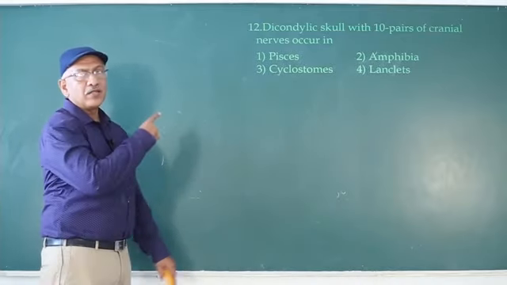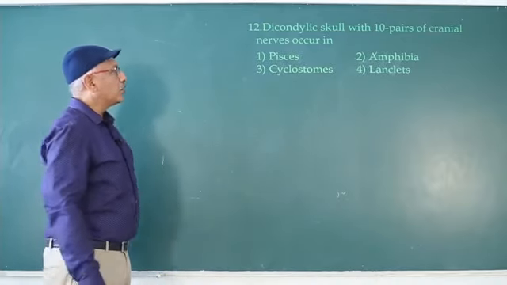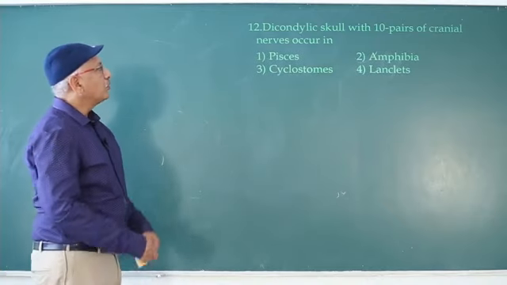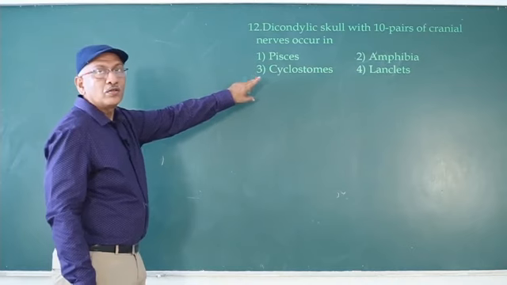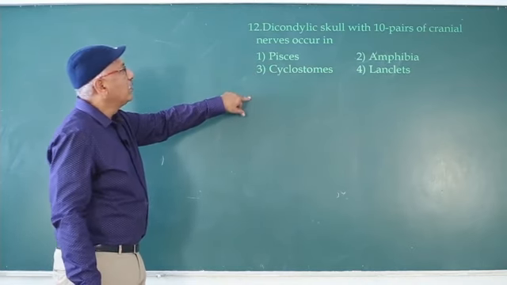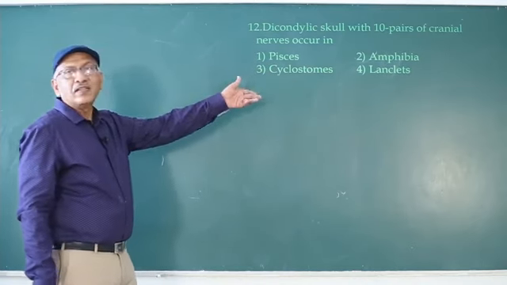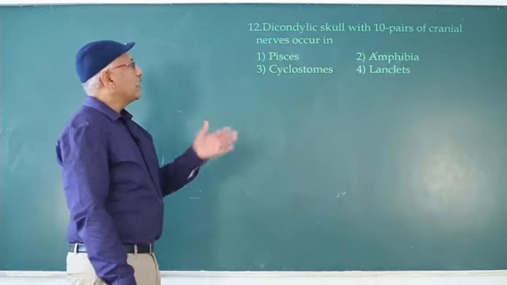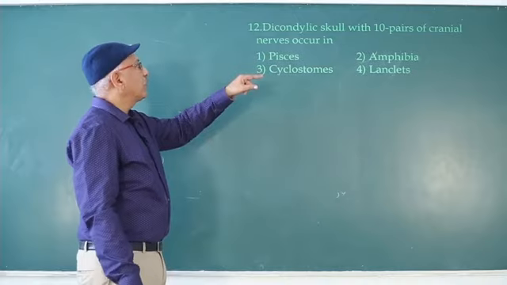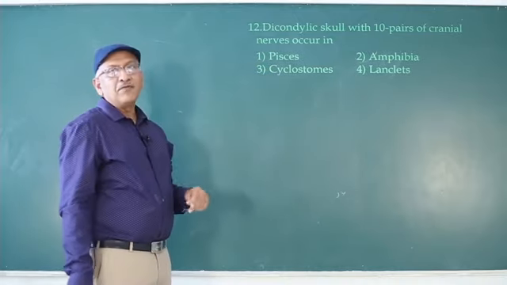Pisces also have 10 pairs but monocondyle. What about cyclostomes? Cyclostome is Petromyzon, so here also the skull is not dicondyle. Lancelet means cephalochordata. So the answer is amphibia.